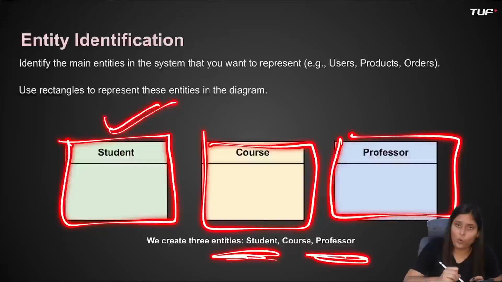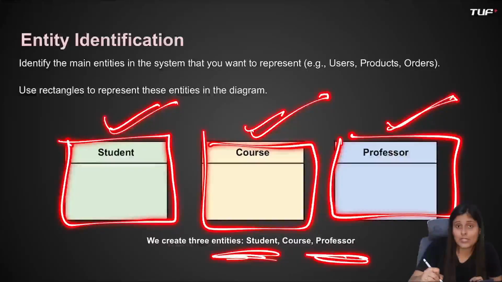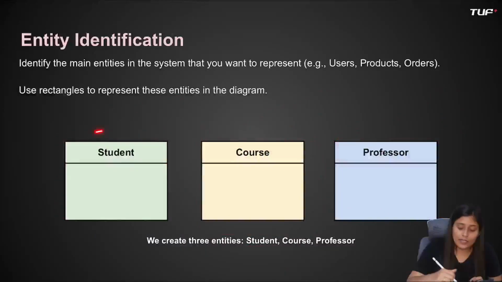Student will have its own attributes and represent the information about the student. Similarly, course will show the number of courses with the names, the number of chapters and all that, and professor will include the professor details like the age, the ID, the department they are related to, and the subject they want to teach, right? So in this case we need three different entities.